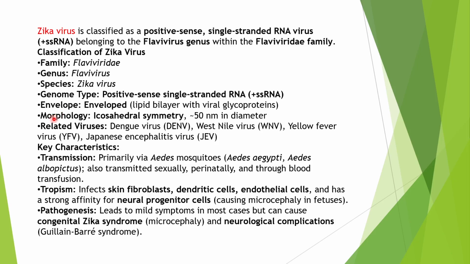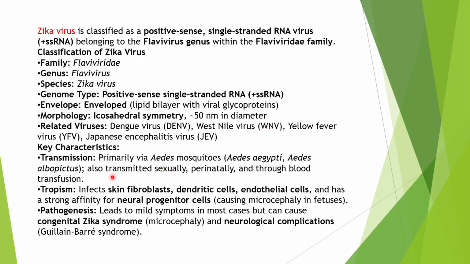And the morphology is icosahedral symmetry, like the virus capsid we know, diamond shaped. Sorry, I did not provide an image, but it is icosahedral symmetry and it is around 50 nanometers in diameter. And related viruses are dengue virus, West Nile virus, yellow fever virus, Japanese encephalitis virus, etc.